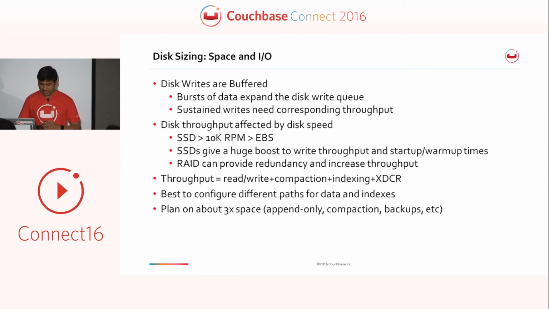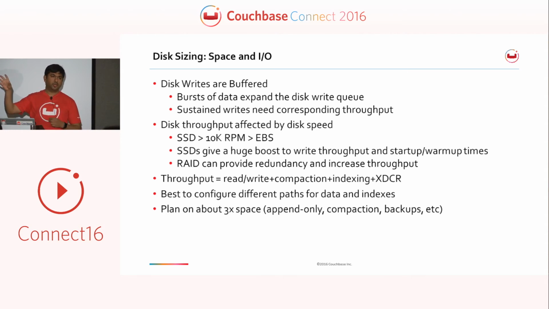So disk writes are buffered. As I mentioned, because of a caching layer, Couchbase can sustain bursts of writes, where the underlying disk could be completely not matched by the memory layer, but still the application works perfectly. You have to keep an eye on the disk write queue.